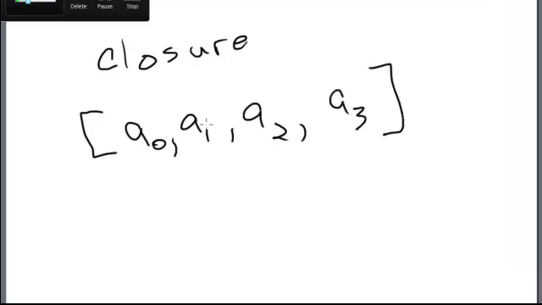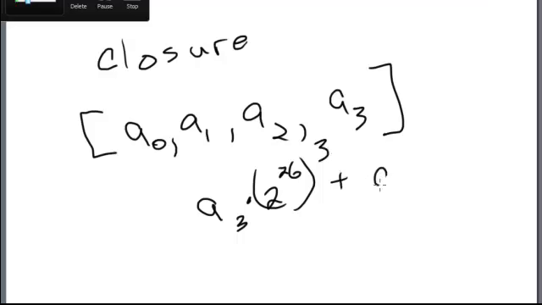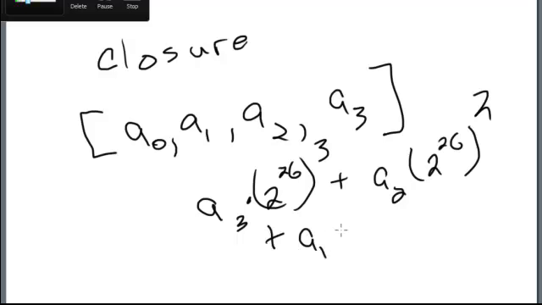Right? This is where the number is A3 times 2 to the 26 cubed plus A2 times 2 to the 26 squared plus A1 times 2 to the 26 plus A0.